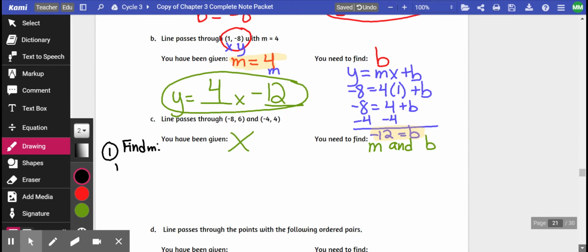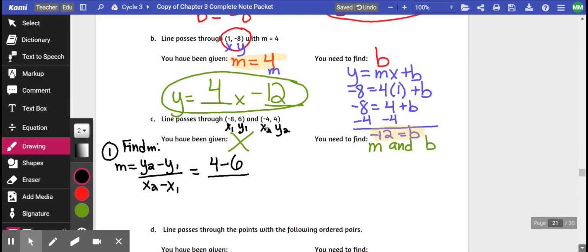I'm going to use my formula for slope. This is my first x and first y, second x, second y. So I'm going to have 4 minus 6 for the top.